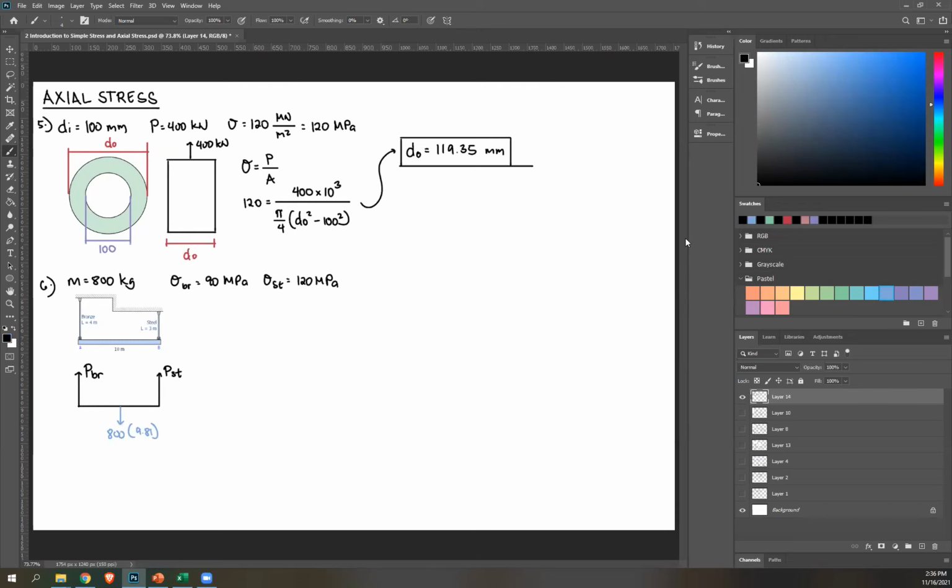Okay. And then to solve for PBR or PST, you can just use summation of moment at either A and B. If you use summation of moment at B, you'll solve for PBR, and then afterwards you do summation of forces Y equals 0 to solve for PST. You can do that. Okay, that's allowed. But I'll show you the faster way. And the faster way is by using symmetry. So to know if an object is symmetrical, get its center line.